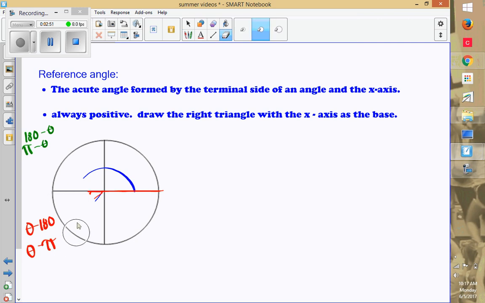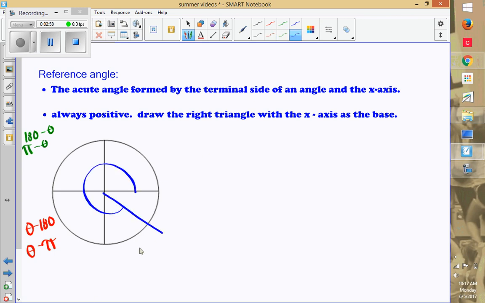And in our fourth quadrant, our angle is going to come all the way around here. And our reference triangle is being created as we drop towards the x-axis. So since our full circle is 2 pi or 360 degrees, we're not quite there.